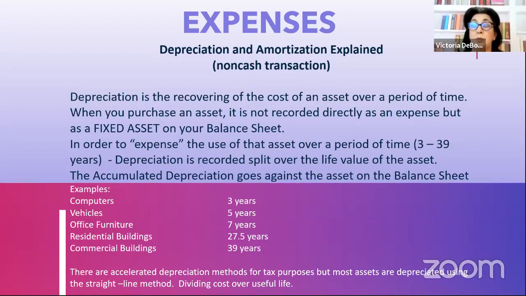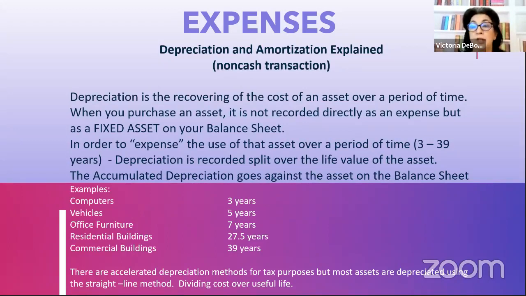It allows you to calculate that expense over the use of that asset. So if that desk is going to last you for 7 years, you get to take 1/7 of that desk cost over a 7-year period of time. So it's split over the life value of the asset.